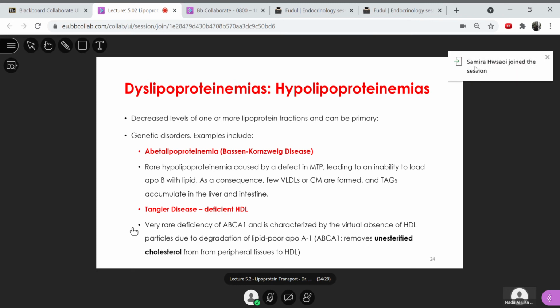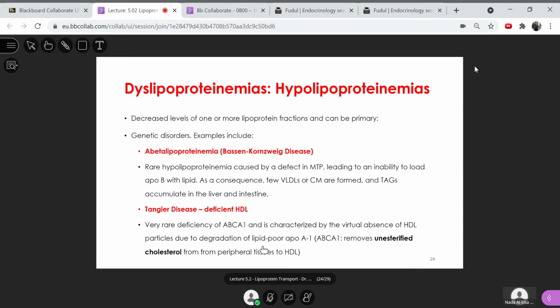It's a deficiency in ABCA1, ATP binding cassette A1. The function of this ABCA1, which we did not talk about, is to remove free cholesterol from the peripheral tissues to HDL. So it helps in the transport of cholesterol from the organs to HDL. So with no ABCA1, there is no HDL because it's not assembled.